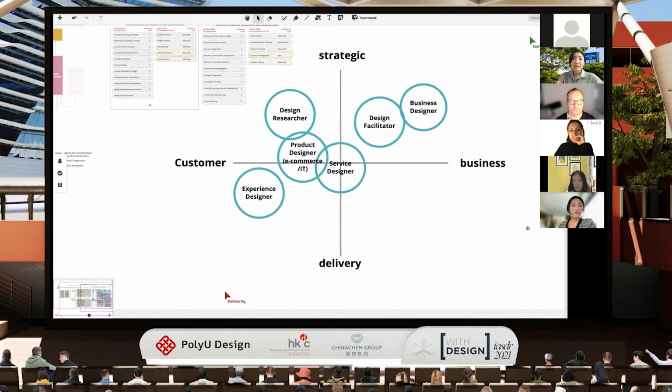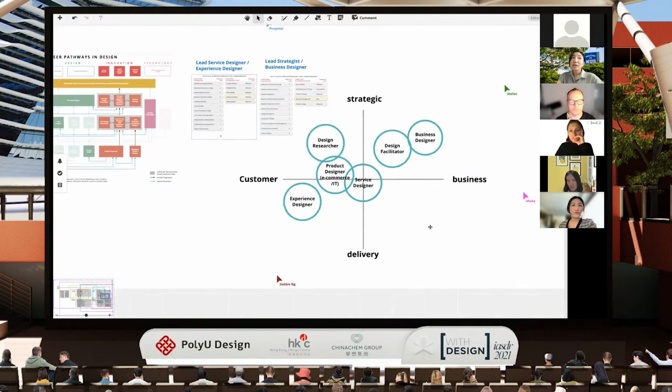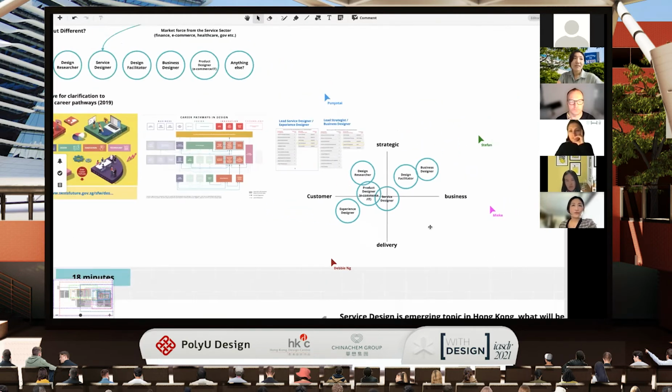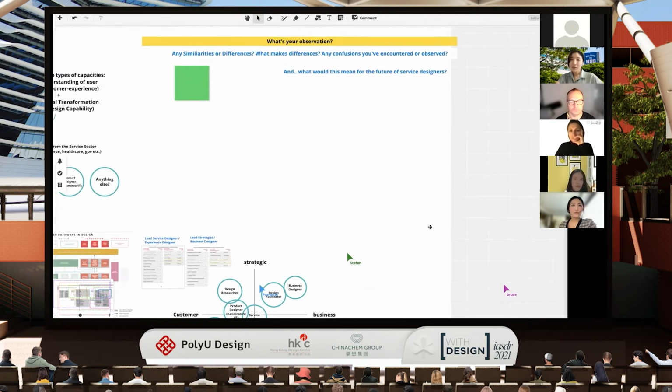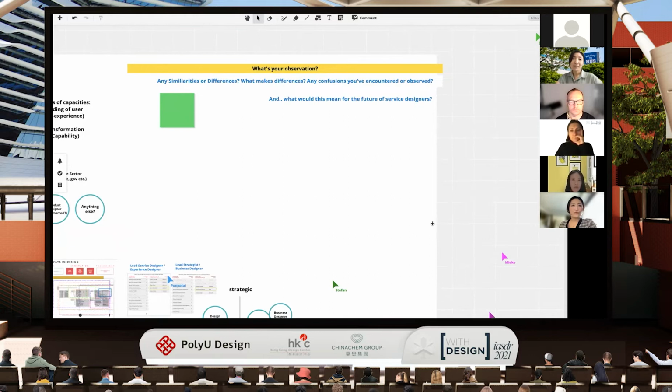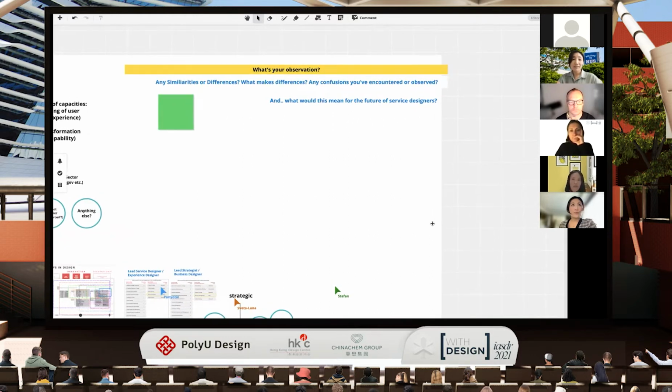So on the board here, I would love to see the audience's observations and insights, whether you found any similarities or differences in the perception of a service designer and other same but different kinds of job roles, and share perhaps your insights on what would then make these differences.